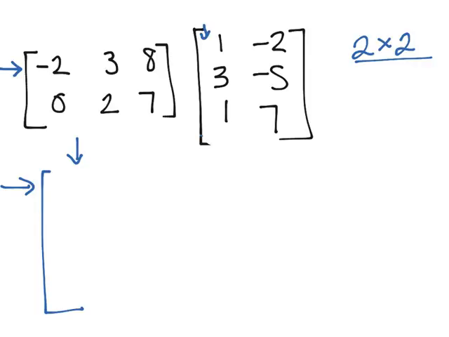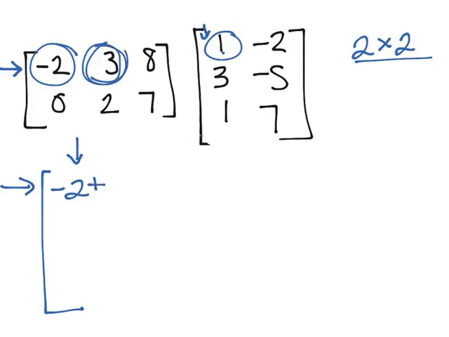So we will multiply -2 times 1, which is the first element times the first element. Now we will add to that the multiplication of our second element times our second element, but here remember that it's the second element of the row, while here it's the second element of the column.